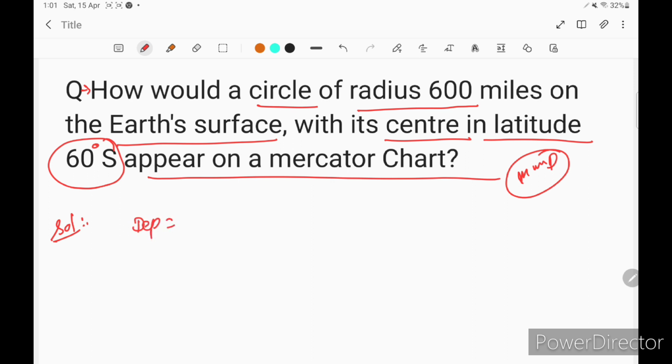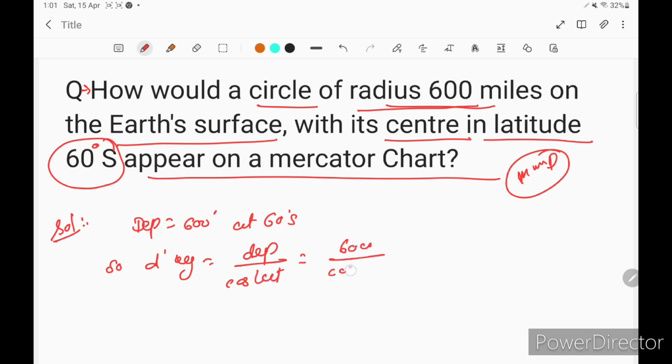Departure, radius of 600 miles. So let's consider departure is 600 miles at 60 degrees south. Okay, so what is the formula of d long? d long is equal to departure into cos latitude. So 600 into cos 60, so 1 2 zeros cancel, so 20 degree.